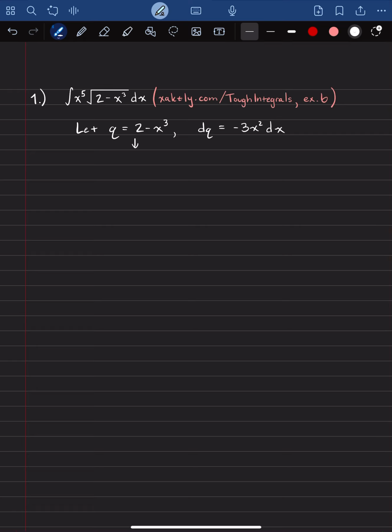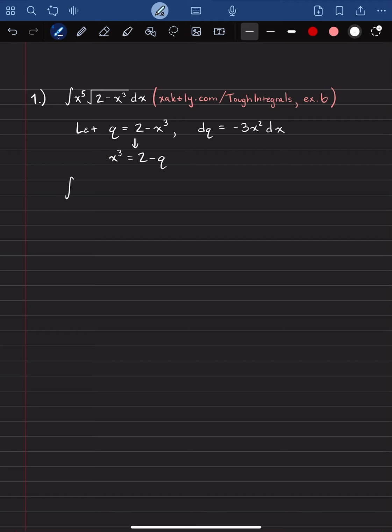So if I solve for x cubed here, I get that x cubed is 2 minus q. And so now this is where the juice enters the chat, some might say. The juice has entered the chat. We have our integral. Sorry. I'll draw it properly next time.